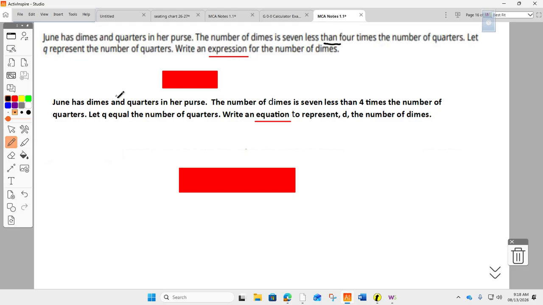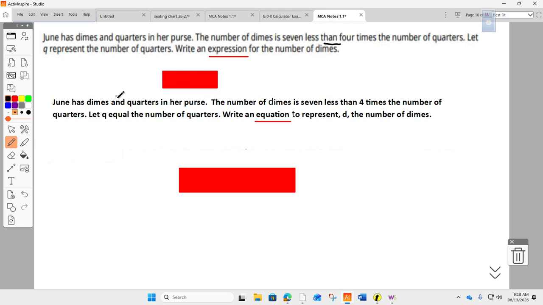So Q represents the number of quarters. What does it tell us about the dimes? Yep. How would we write that as an expression? Okay, 4Q minus 7 is correct, but this one's an expression.